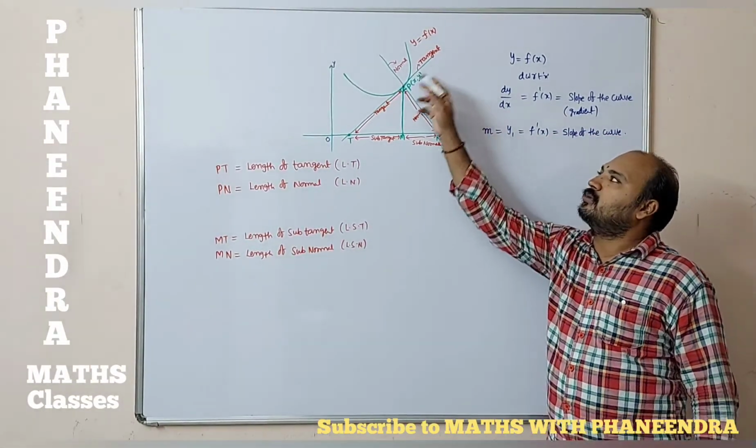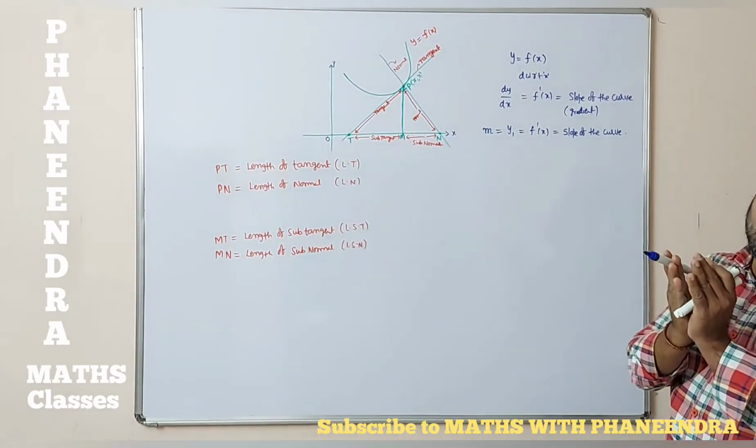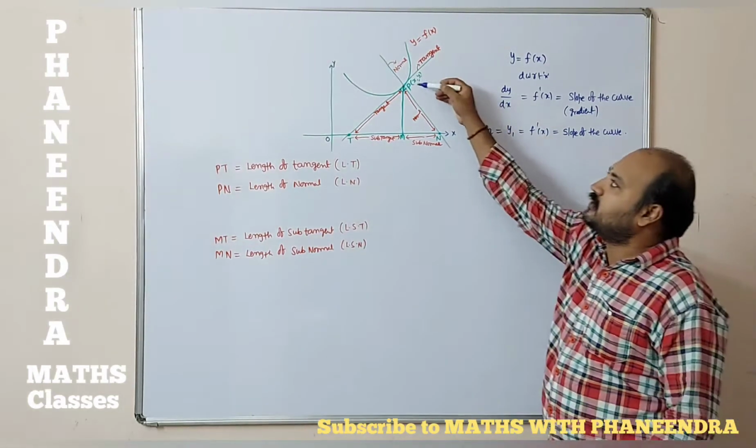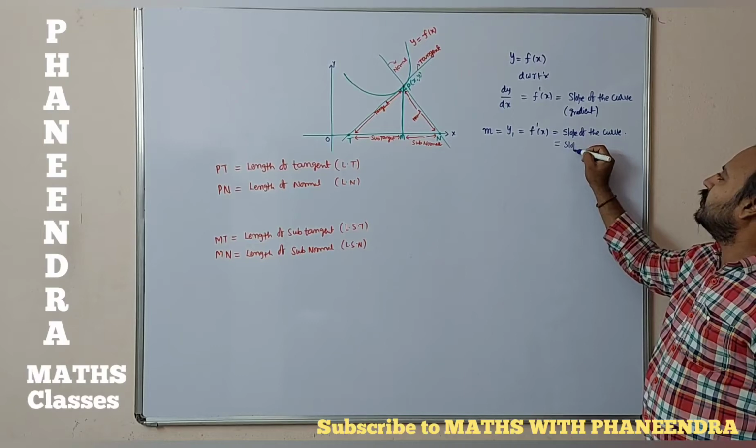That also remember. Why? Because the line which touches the curve at the point P, that is called point of contact. So slope of the curve is always equal to slope of the tangent.